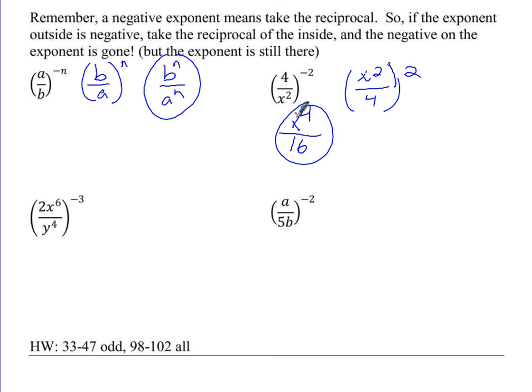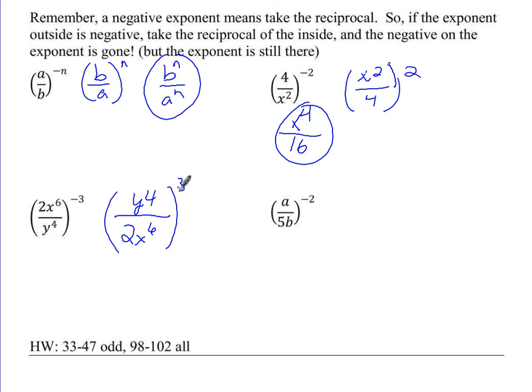They're obviously a little bit more complicated, so be careful. But they're done pretty much the same way. So what happens first? Reciprocal, and we get? Now it's to the 3rd power. Okay.